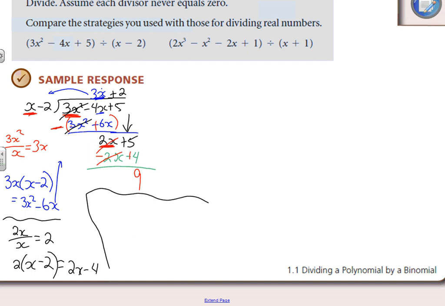So the answer now is, when we divided 3x squared minus 4x plus 5, divided by, put brackets around these, the x minus 2, we got left with the quotient, which was 3x plus 2, got it from up here, with a remainder of 9. And I got that from down here.